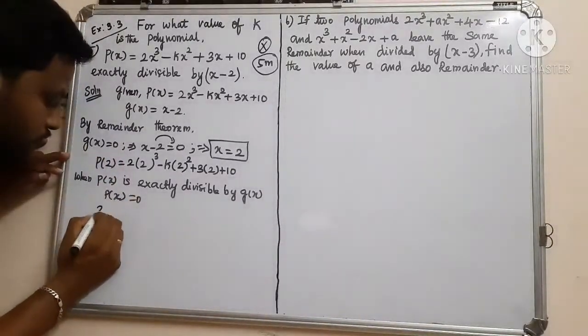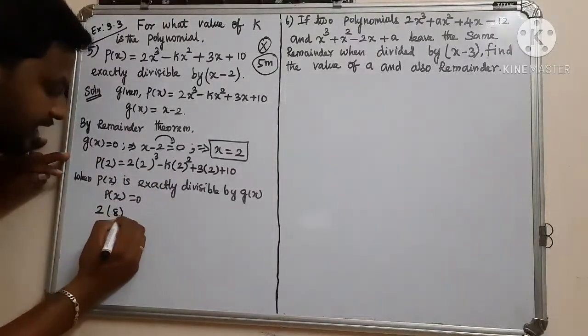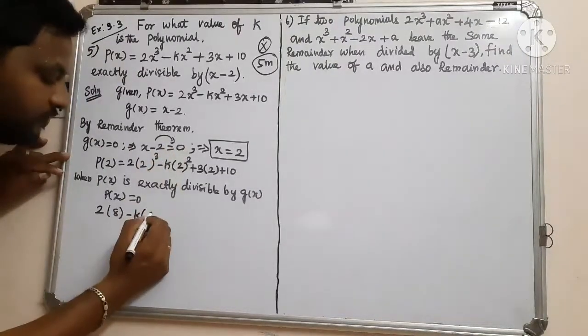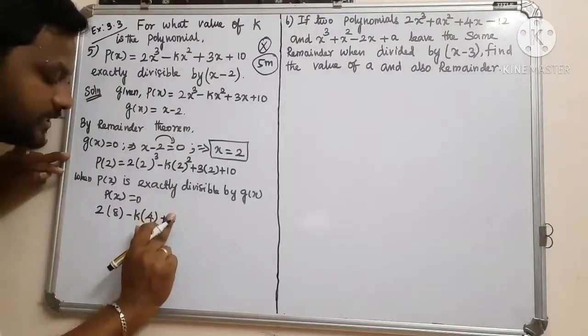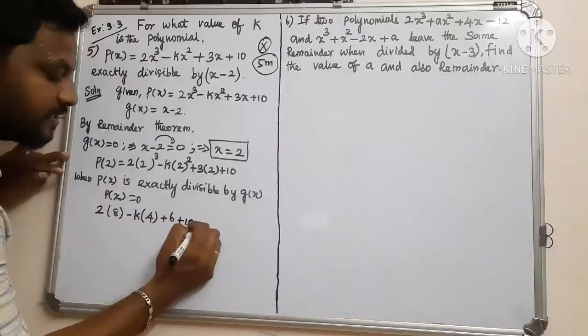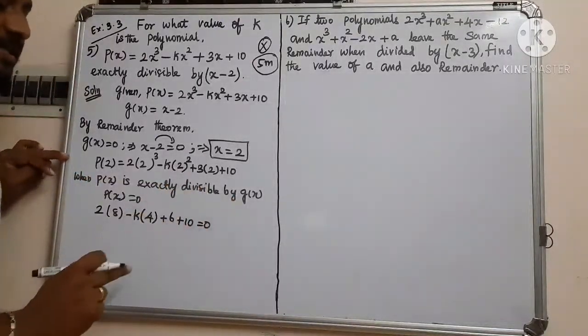So 2 into 2 cube is 8, 2 2s are 4, 4 2s are 8, minus k into 2 2s are 4, plus 3 2s are 6, plus 10, which is equal to 0, because p of x is exactly divisible by g of x.